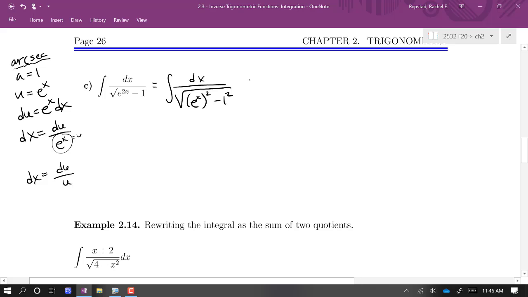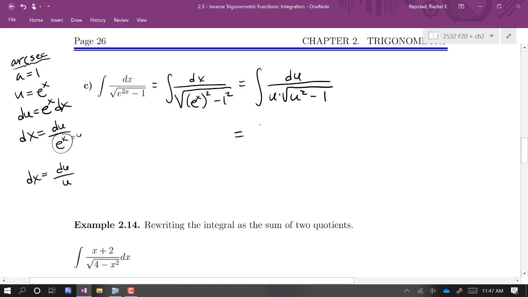So I'm going to make these substitutions. dx is du over u, so I've got du over u, and then the square root of u squared minus 1. And this does fit arcsecant, where u is e to the x and a is equal to 1.